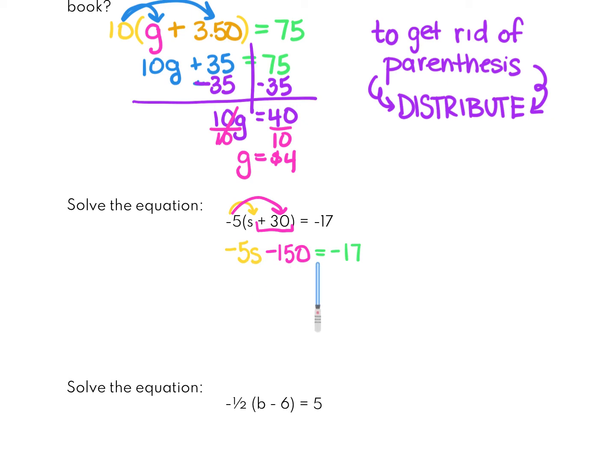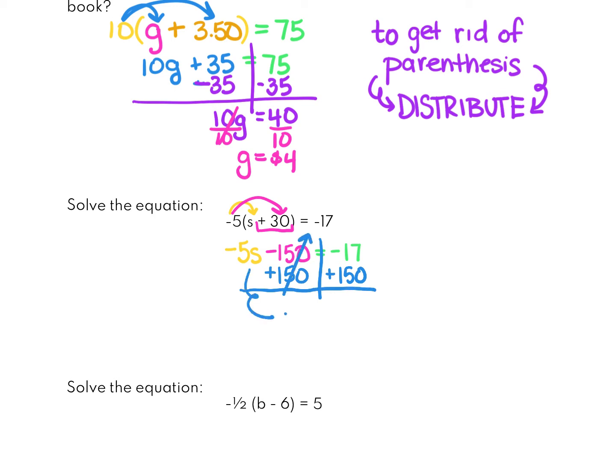Now we have our two-step equation. The first thing that we need to do is undo addition or subtraction first. So I'm going to add 150 to the left side of the equal sign, and now I'm going to add 150 to the right side to make sure that we keep this balanced. That cancels out.